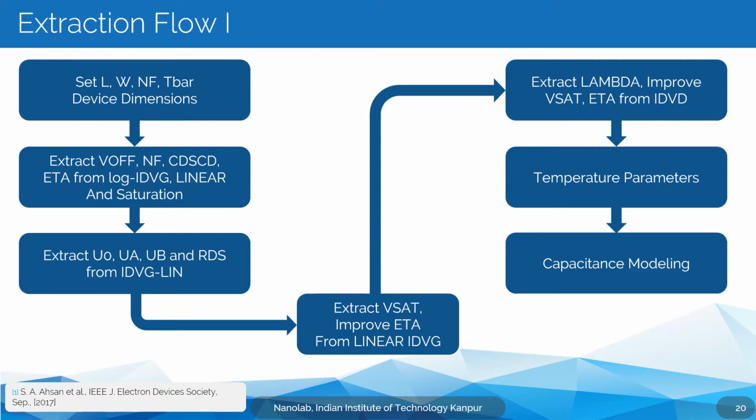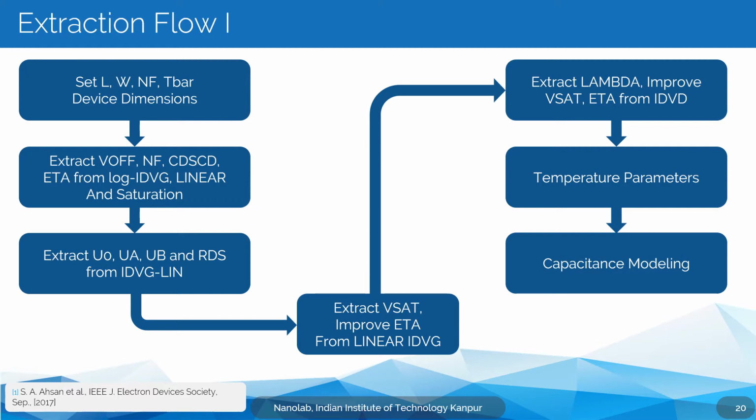Then we move on to the linear region. In the linear region, we extract the mobility and its dependence on gate voltage through degradation parameters like UA and UB. We also start to extract the drain side access region resistance. Also in the linear ID-VG, we try to improve the eta we had extracted in the previous step. Once that's done, we move on to the output characteristics, which is the ID-VD.